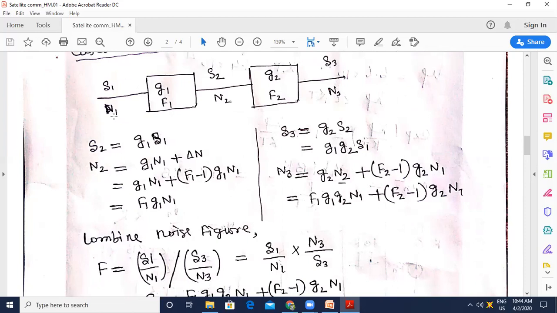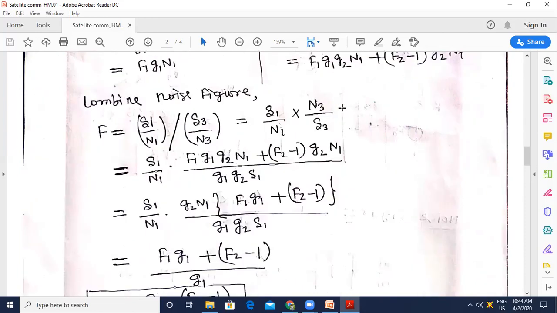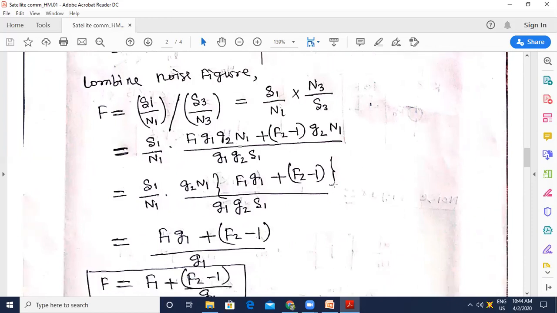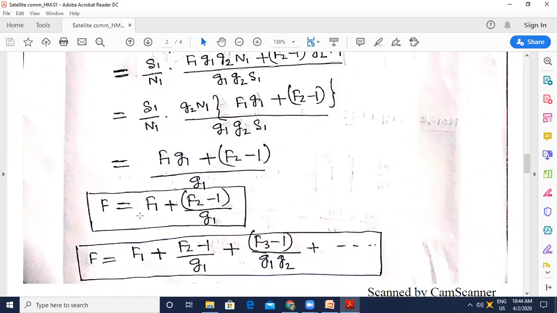Ultimately, simplifying this, we'll have F, that means the combined noise figure of the two devices, is F1 plus (F2 minus 1) upon G1. So if we have n number of devices, it is F1 plus (F2 minus 1) upon G1, plus (F3 minus 1) upon G1 G2, and likewise it will go on.